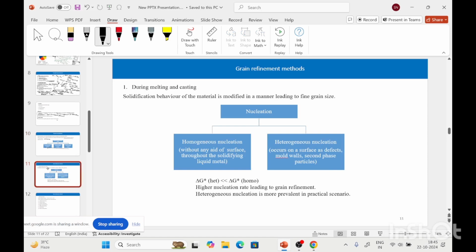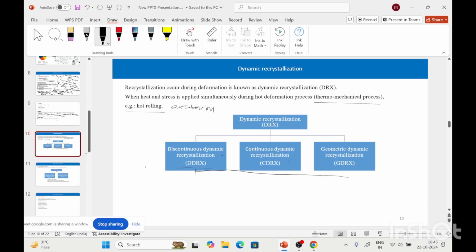And next is the grain refinement method, means what mechanism, what phenomena occur during the recrystallization process that lead to the grain refinement, means the recrystallization also generates finer grains.